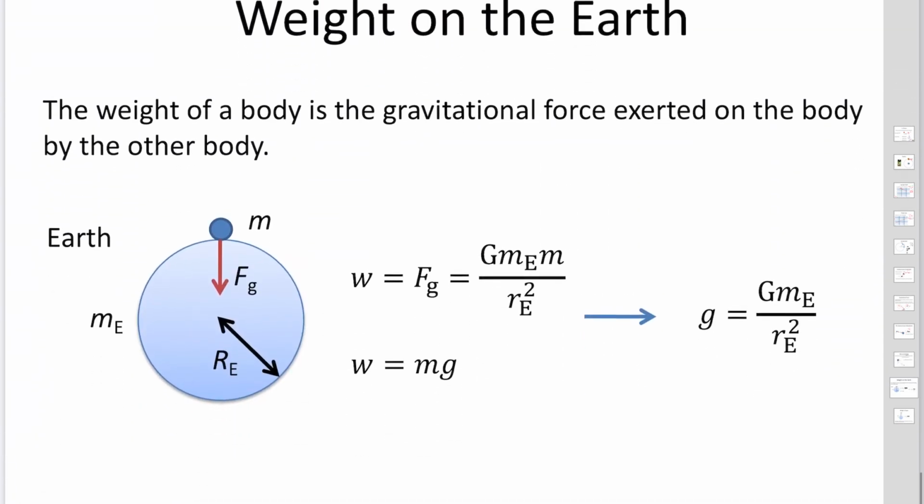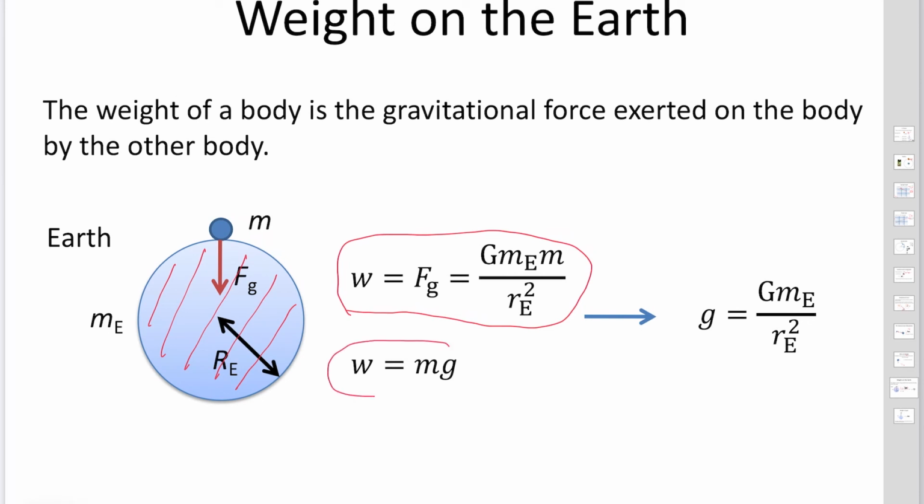And the weight on the Earth, the weight of a body, is a gravitational force exerted on the body by other bodies. So we consider that the Earth exerts a gravitational force on the object. So weight is exactly equal to the universal law of gravitation, and the weight is also expressed as mg.